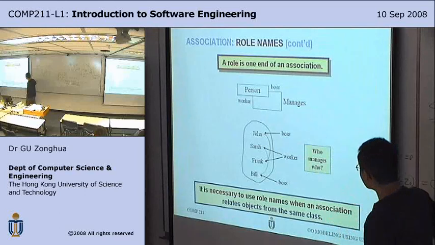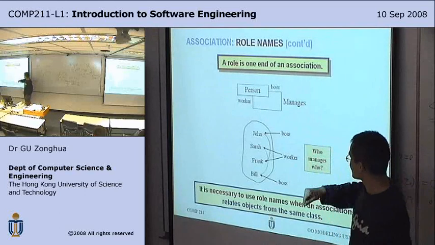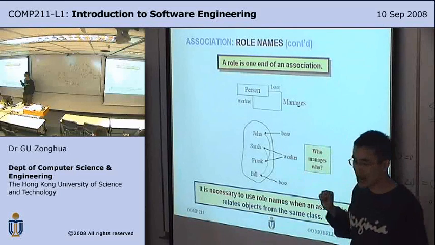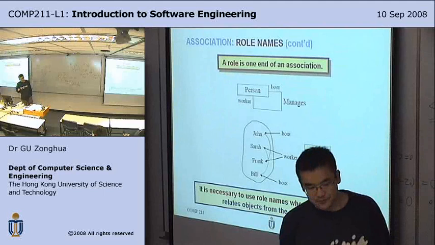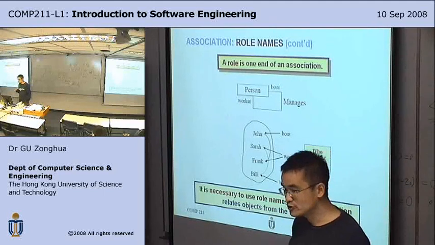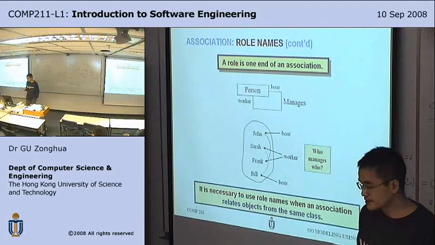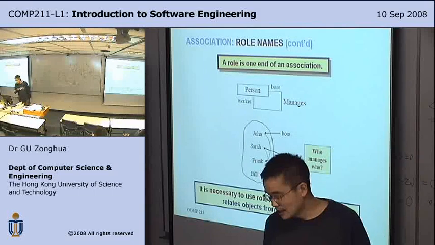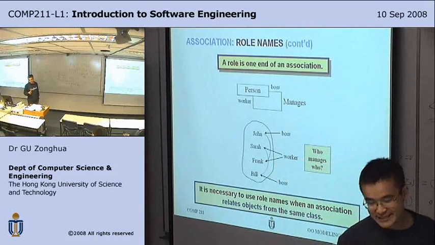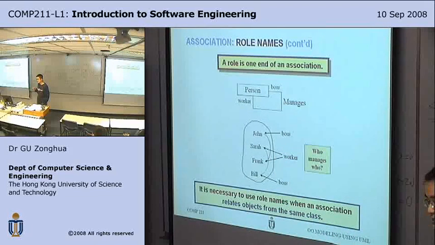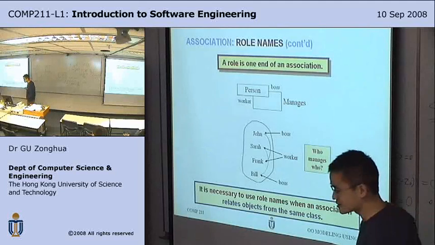So notice the difference between association and link. Association is at the class level, while a link is between objects. So this person self-association, it doesn't mean that a person is his own boss.